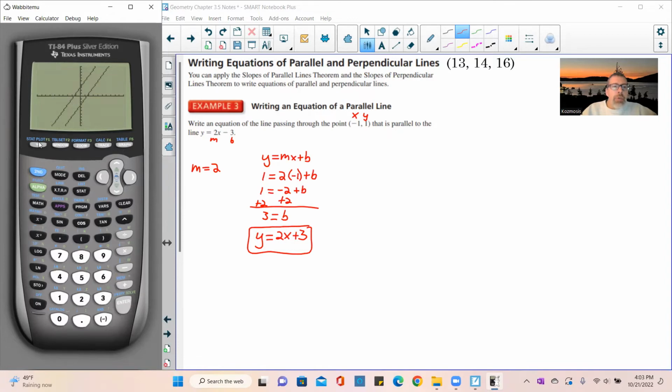Let me try something else. Let me go to y equals, turn that off, and go back, graph it. So this is the equation of the line that we came up with. Now I want to do second, calculate a value, and I want x to be -1, enter. And there it is, y is 1. So at the point -1, 1, there is a line going through that point that is parallel to our other line.